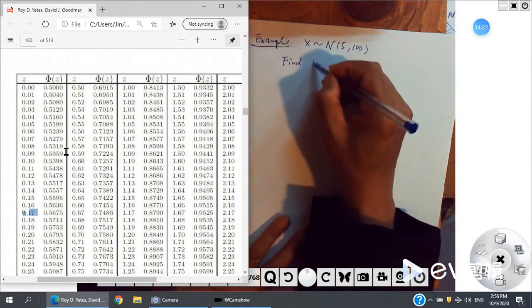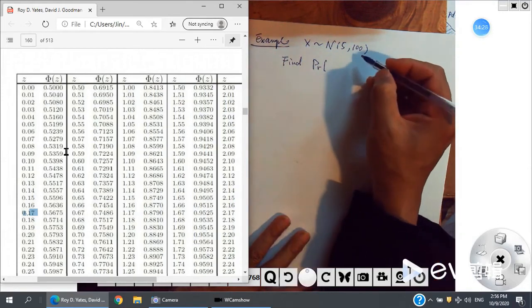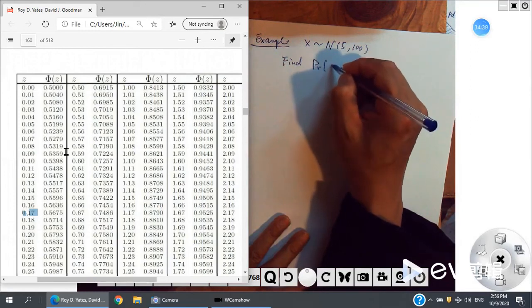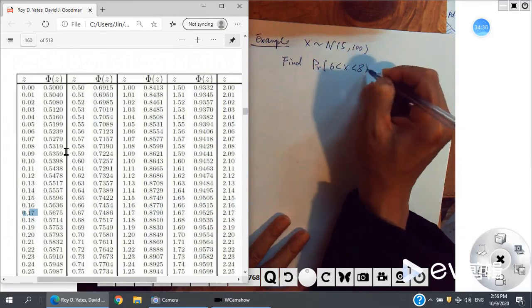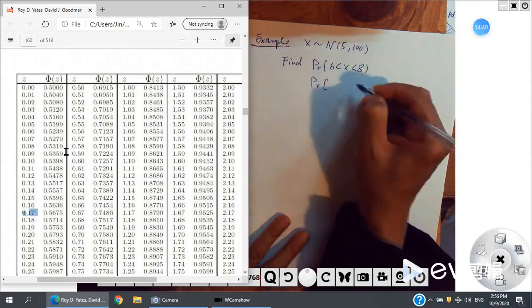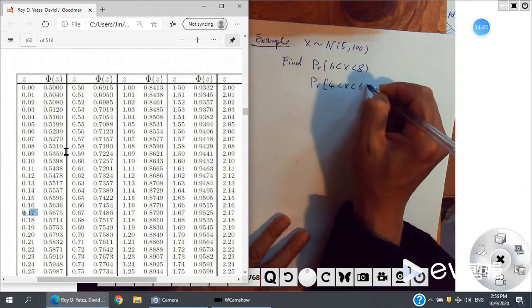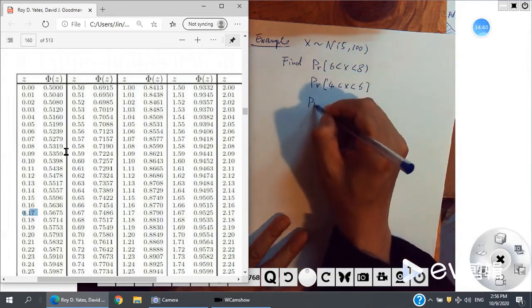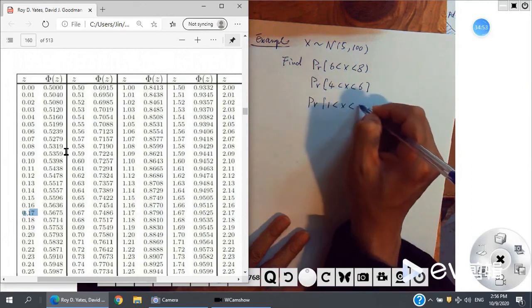Now I want to find the probability of x between 6 and 8, the probability of x between 4 and 6, and the probability of x between 3 and 5.